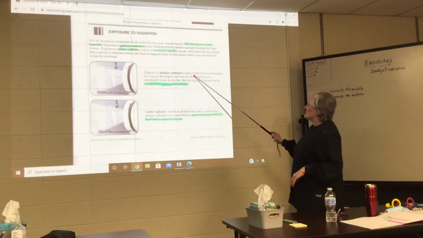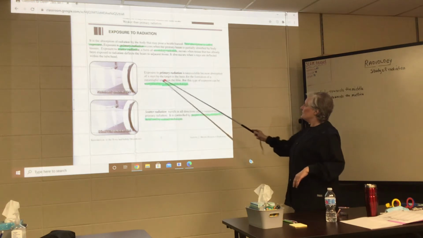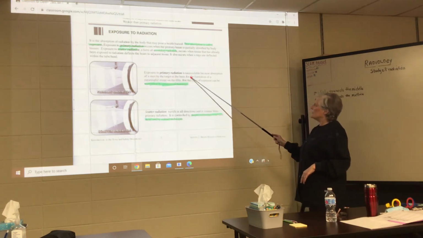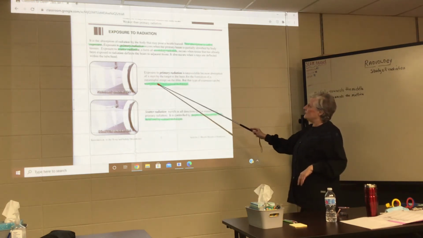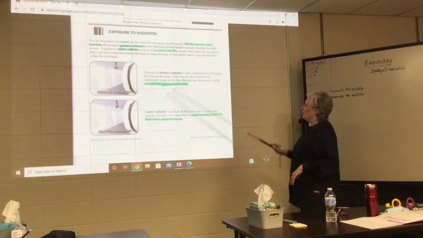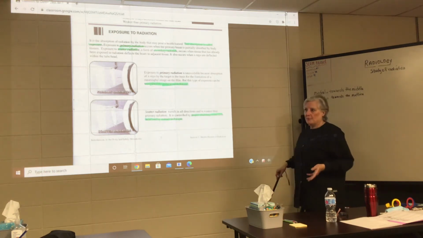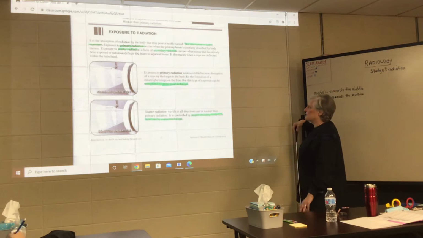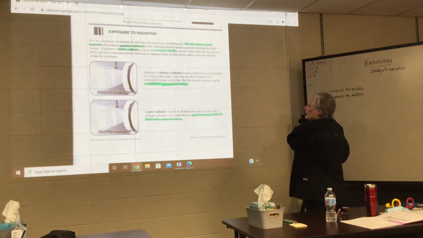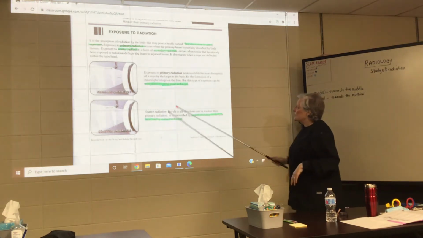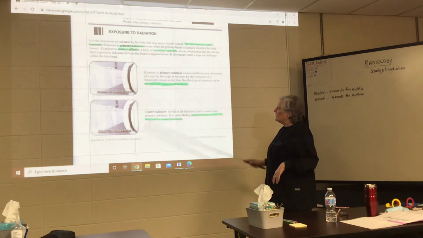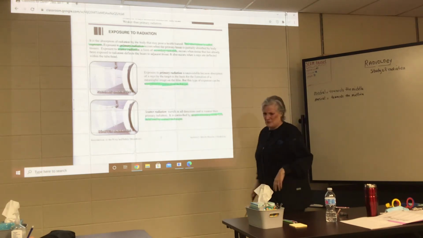Primary radiation is unavoidable because absorption of the X-rays by the target is the basis for the formation of the meaningful image on the film. That's what we're trying to accomplish by doing this procedure to start with. And it can be minimized by, can you read that?